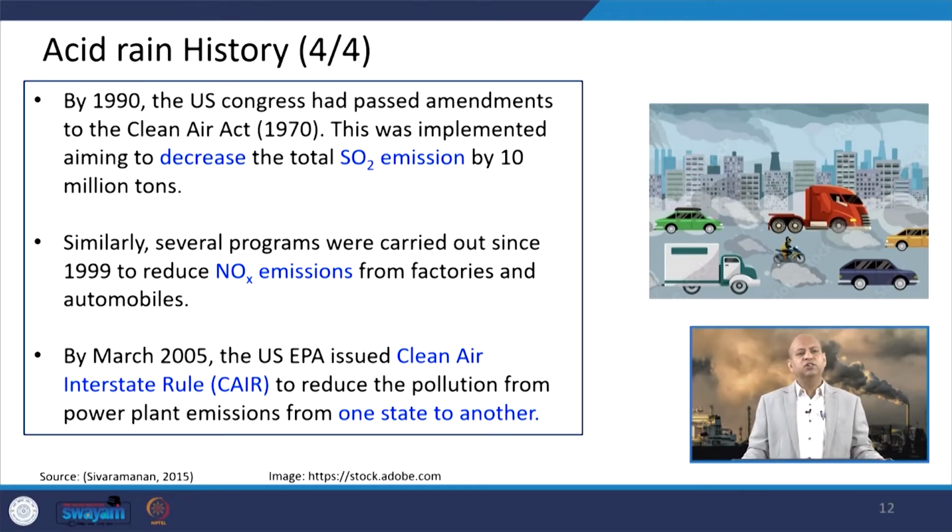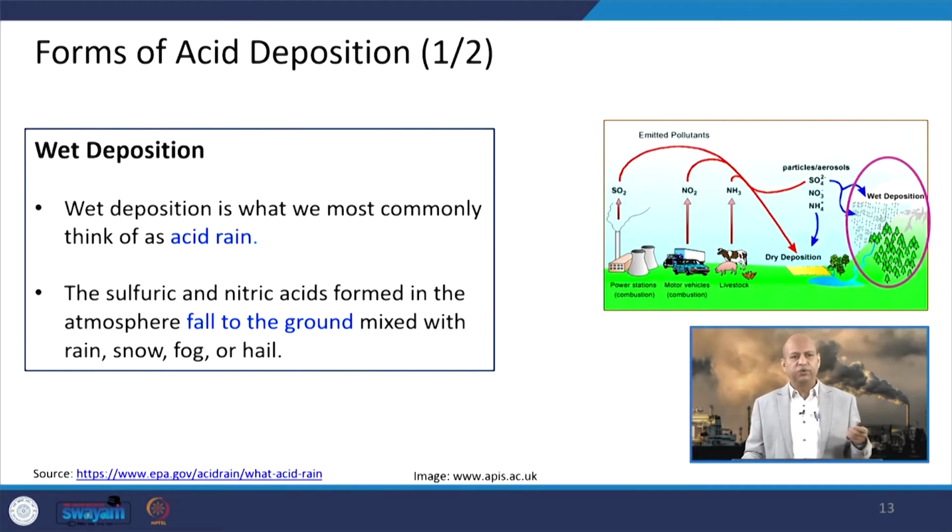By March 2005, the US EPA, the Environmental Protection Agency of the US, issued the Clean Air Interstate Rule (CAIR) to reduce pollution from power plant emissions moving from one state to another. Those kinds of transboundary pollutions were tracked, and it was decided how to control those emissions in other states, which also affect the states in the downwind direction.